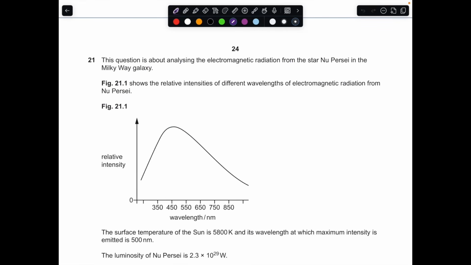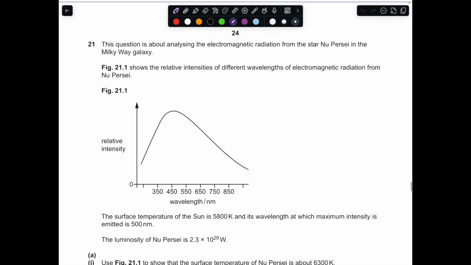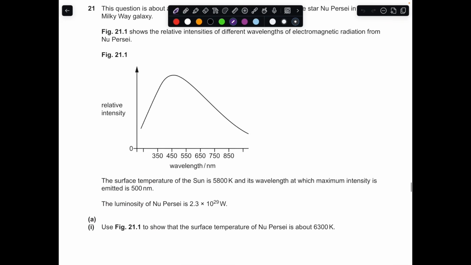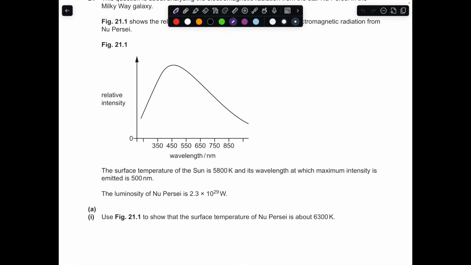In question number 21, we are being given some information about relative intensities of different wavelengths from a star called Nu Persei. I think that's how you say it, but anyhow. So we've been given the surface temperature of the sun along with that as 5800 kelvins, and its wavelength at which maximum intensity is emitted is 500 nanometers.